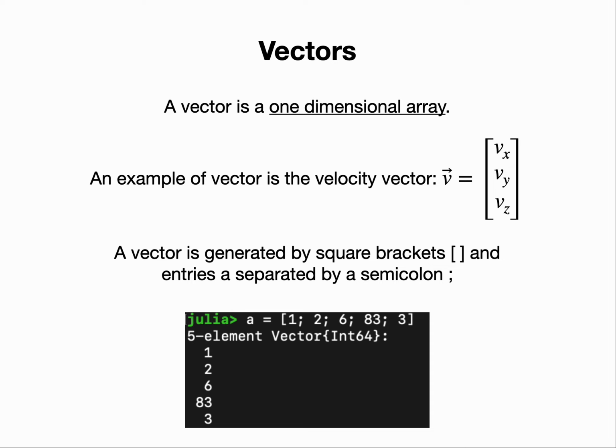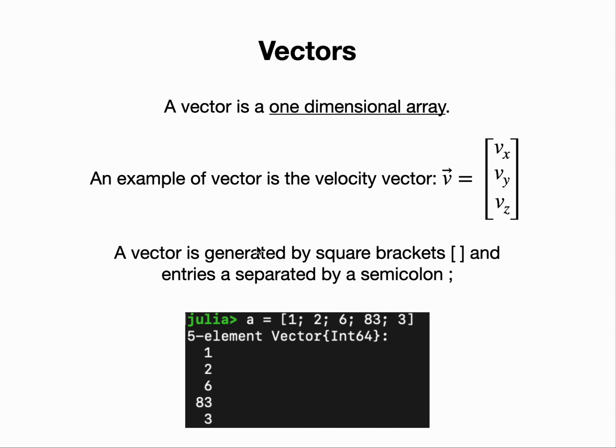So a vector is a one-dimensional array. An example of a vector in mechanics could be a velocity vector. You all know a velocity vector is defined by 3 components. So you have 3 numbers inside a single mathematical object. This is a vector.